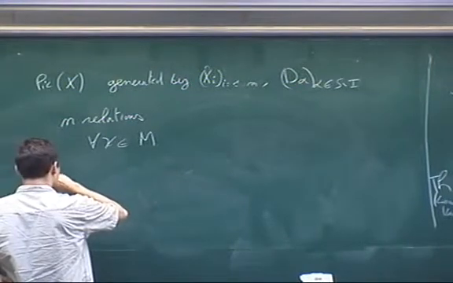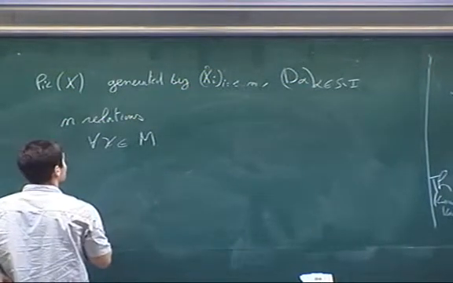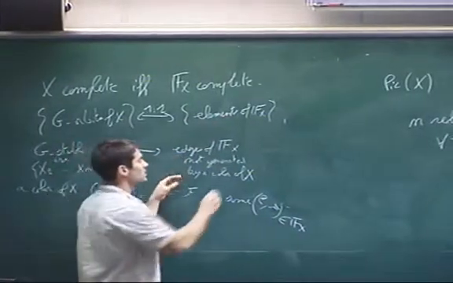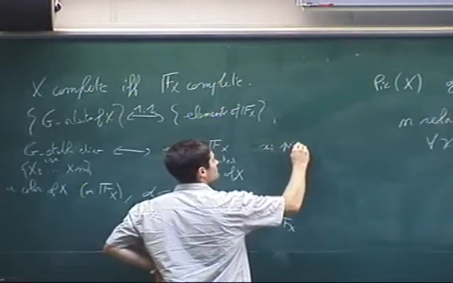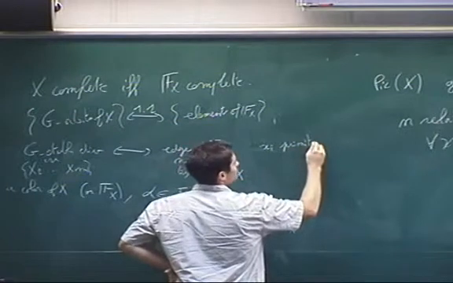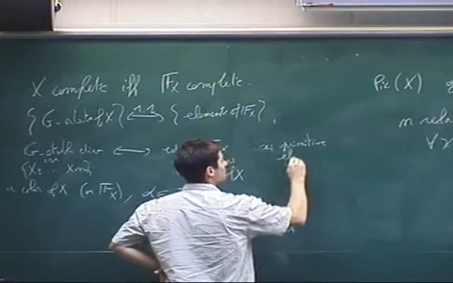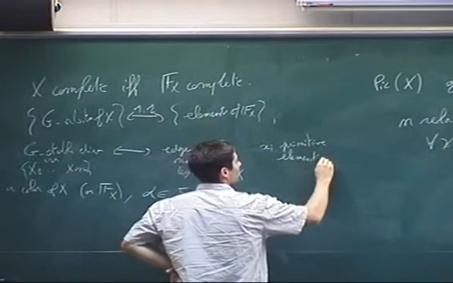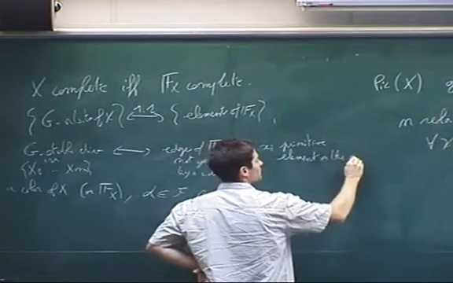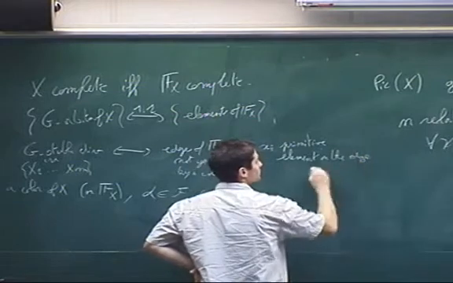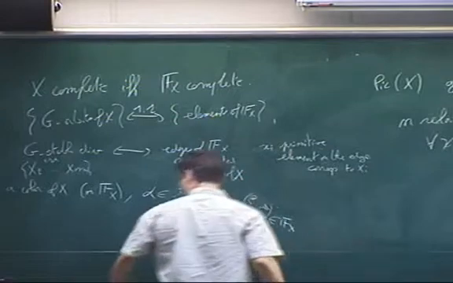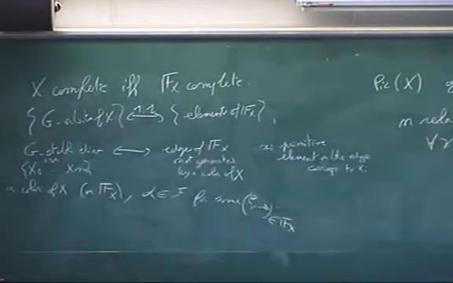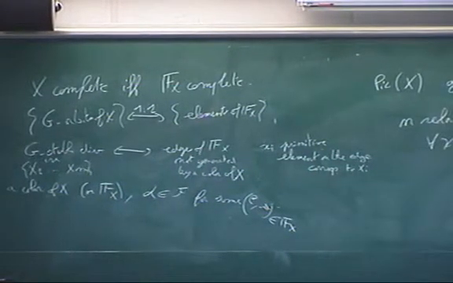Here, for an edge which is not generated by a color, I denote by xi the primitive element on the edge corresponding to Xi. Maybe I draw a picture. It will be better to understand.